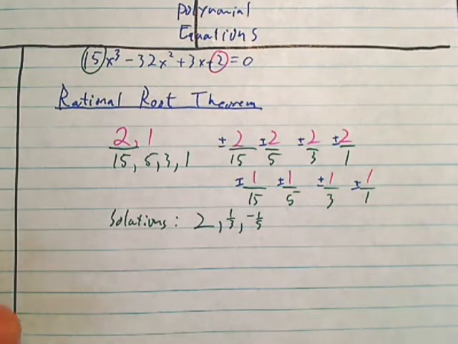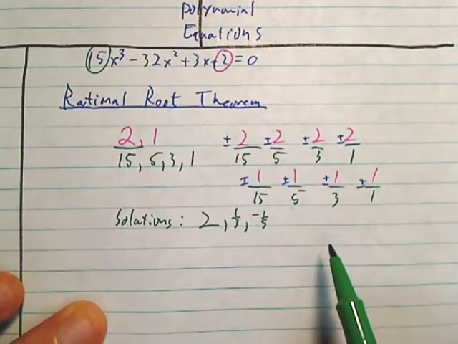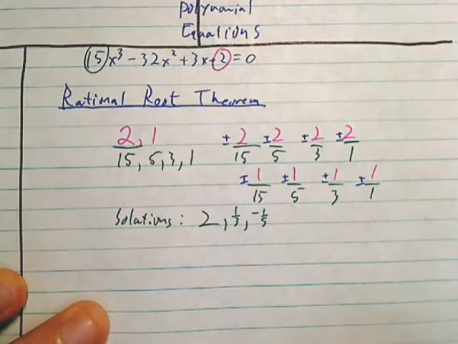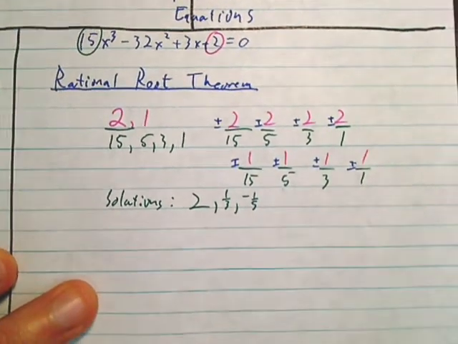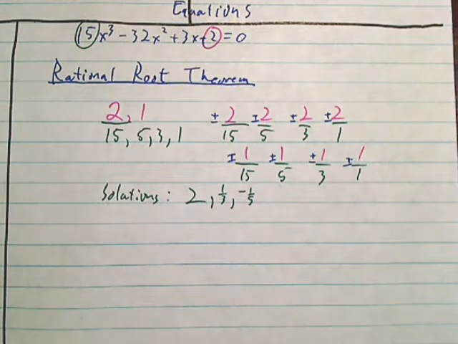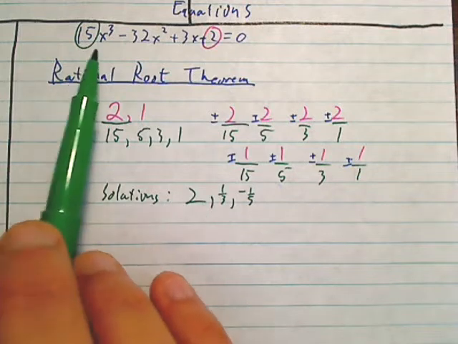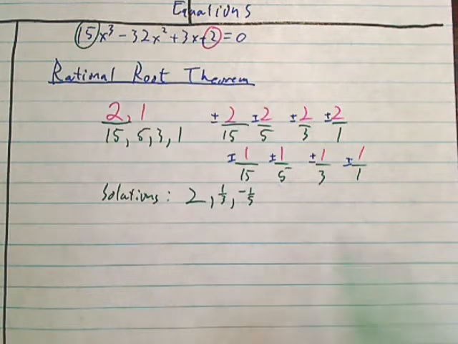Even if you can graph it and do all that, it's handy to have some other way to narrow down those choices. When you use the solve function on the calculator, it's not always as precise. If you want to be really precise, you can use synthetic division and divide by your solutions, and the remainder always comes out to 0. And if you need to prove that this is a solution, that is how you would do it.